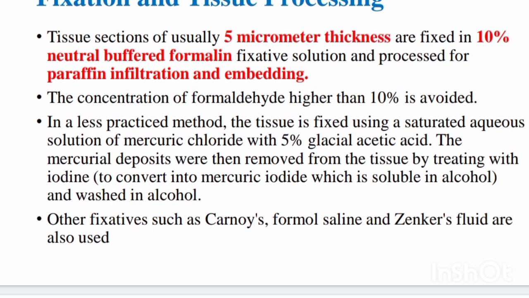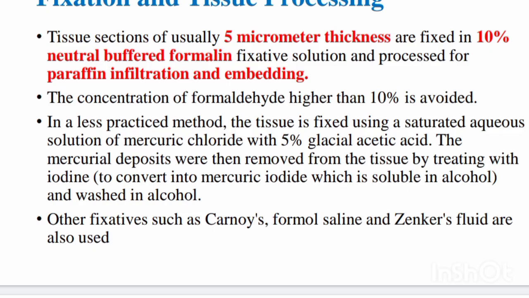The concentration of formaldehyde must be 10% or below; higher than 10% is usually avoided. In a less practiced method, the tissue is fixed using a saturated aqueous solution of mercuric chloride with 5% glacial acetic acid, and other fixatives such as Carnoy, formol saline, and Jenkin's fluids can also be used.